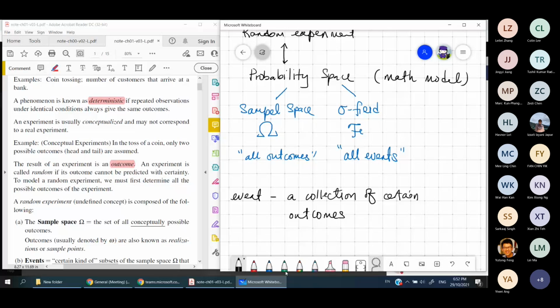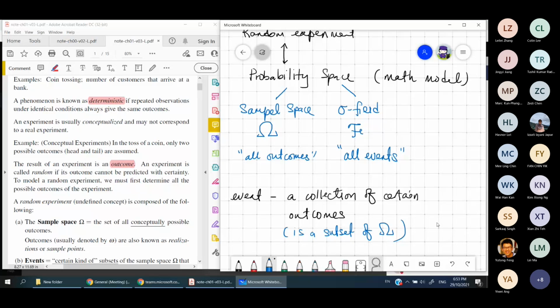In the language of mathematics, this means an event is a subset of omega. One outcome is one element of this capital omega, another outcome is another element of this sample space. So an event is a collection of certain outcomes, which means it's a subset of omega.